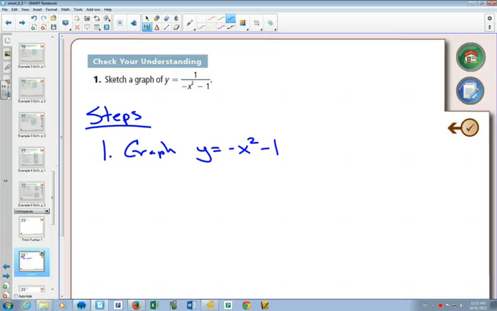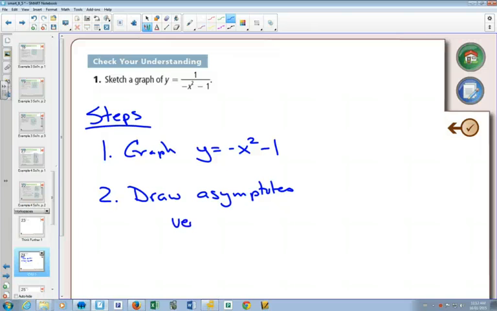So in this case, when we graph the bottom, we'd graph the parabola, negative x squared minus 1. So it's a good review of chapter 4 when we were graphing all those parabolas. Okay? We're going to draw our asymptotes next.